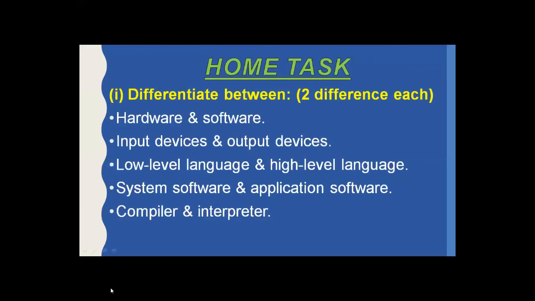You have to make two columns, the first for hardware and the second for software, and write down two differences for each term. Let's suppose you are writing hardware: write 2 points of hardware and 2 points of software. Same like that, write two differences of each term. So this is question number 1. Kindly note down the question.